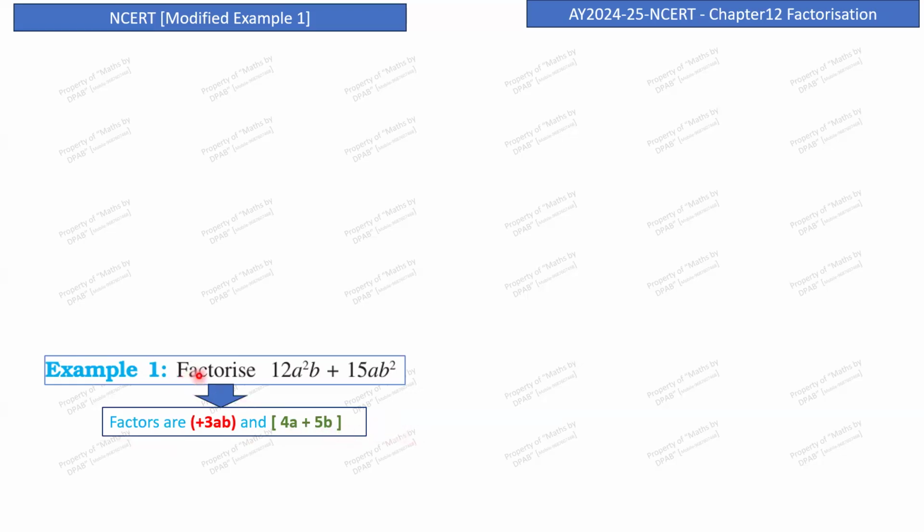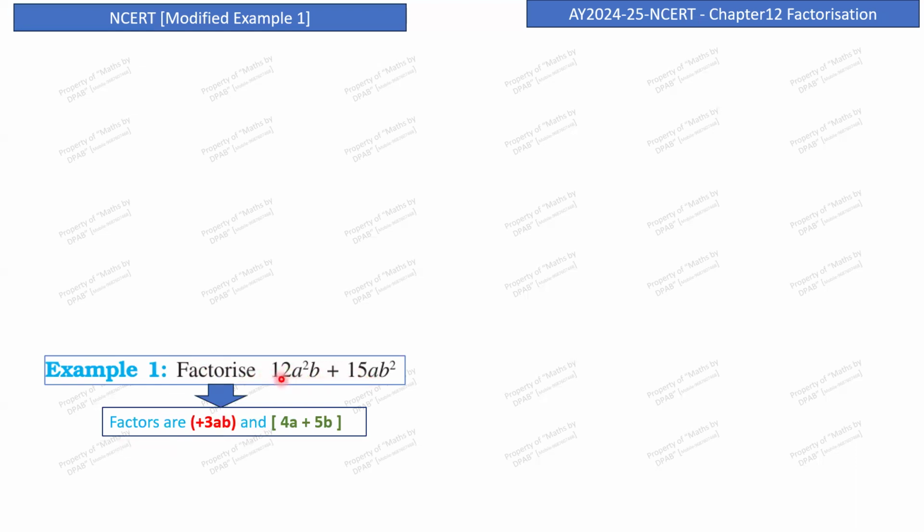Now I'm just going to explain what the modified example 1 is. So instead of this 12a square b, which is the first term, a monomial, and the second term, when we add them, we get this algebraic expression as a binomial. Okay. So now I'm going to modify this with both terms having the negative sign.